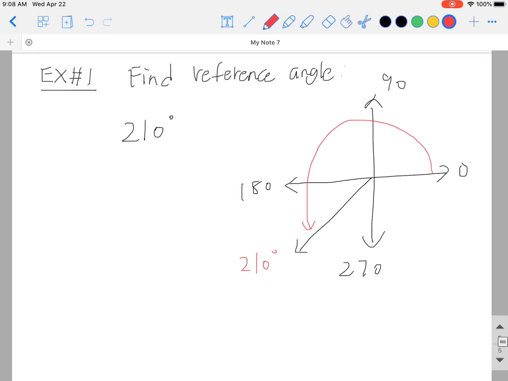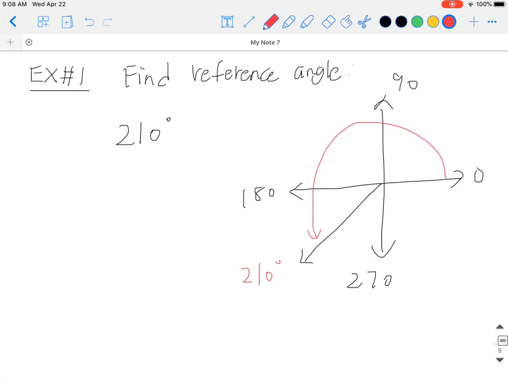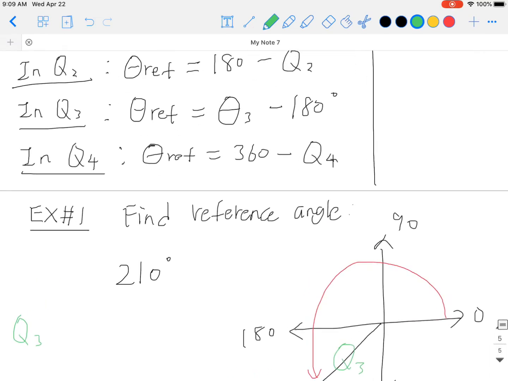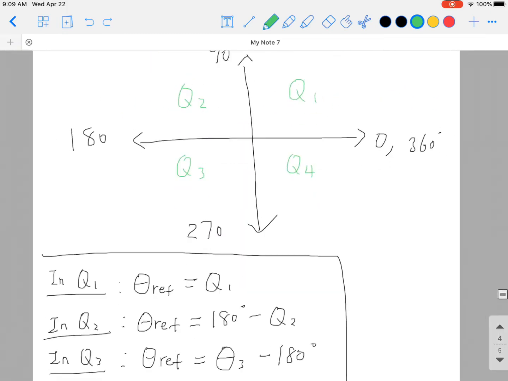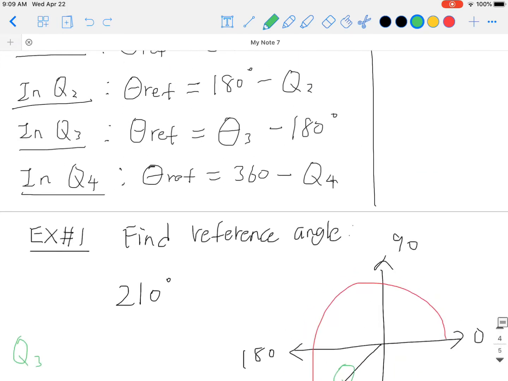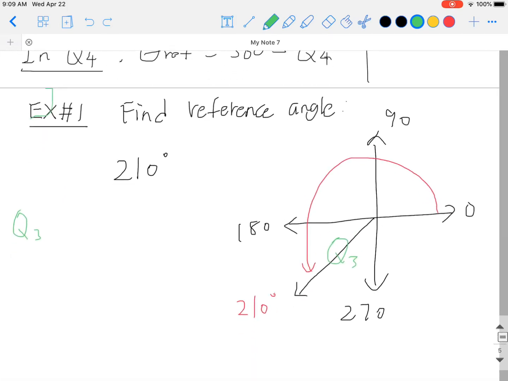But we want to find the reference angle. And according to the formula, this is in quadrant 3. This whole quadrant is Q3. And if it is in Q3, the reference angle will be calculated by whatever the angle in Q3 is minus 180.